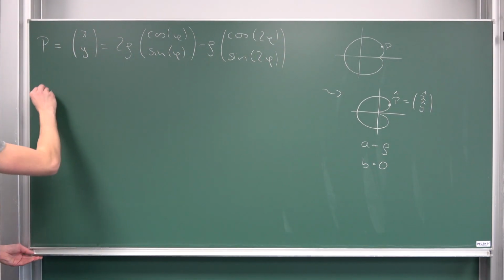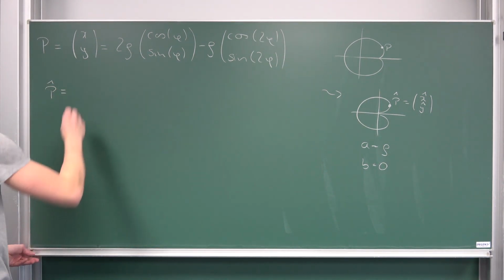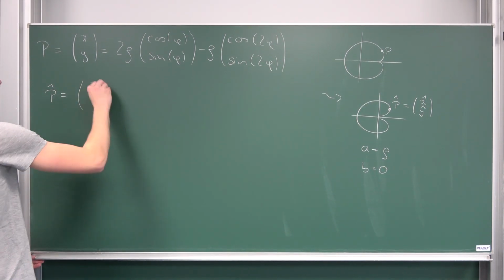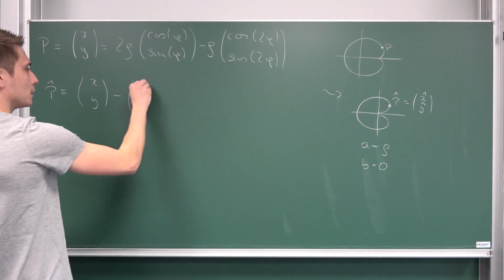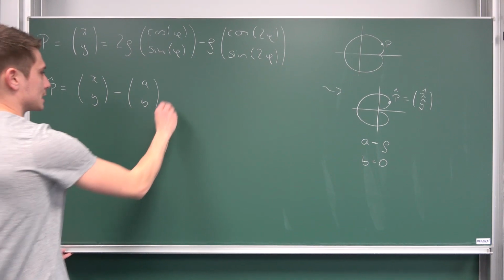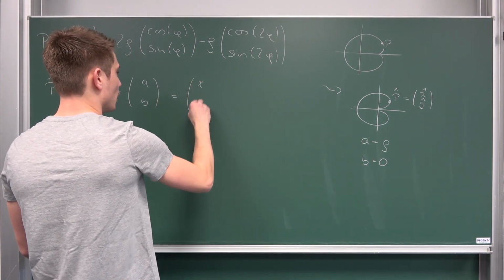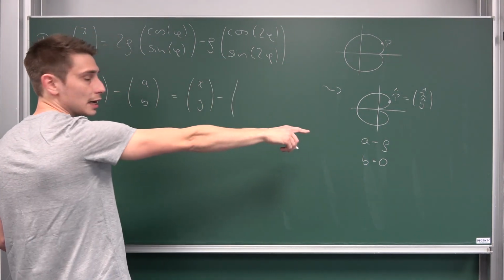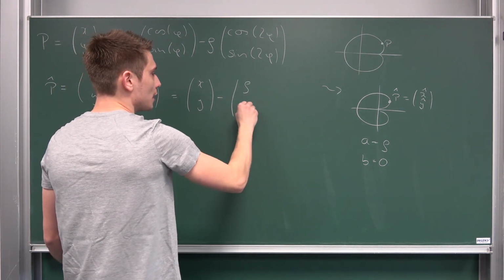How can we construct our point P hat? Well, it's nothing but xy minus AB, okay? So you see that that's actually quite easy. So that means this is nothing but xy minus, okay, and AB is nothing but rho and 0.